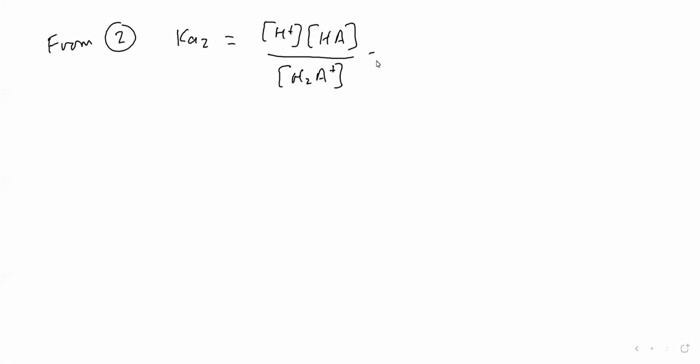That's going to give us a value for H2A+. And that value is going to end up being 0.0133 molar. And so when we get the value from that, we'll probably round that at the very end.